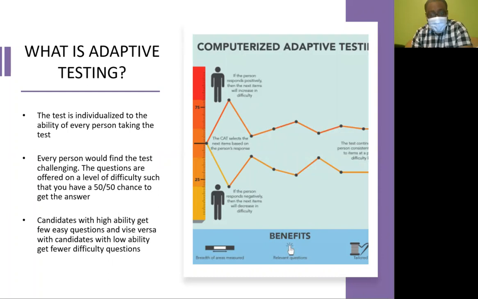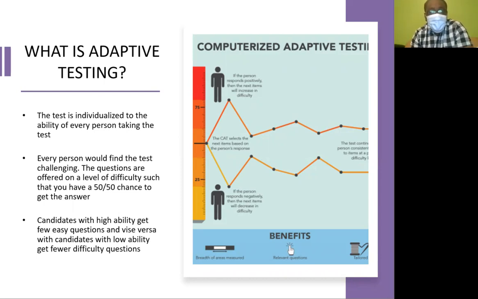So like I said, the test is individualized to the ability of every person taking the test. But the computer is calculating your ability level and would give you questions based on your ability level. So everyone is going to find the test challenging because the questions are offered on a level of difficulty such that you have a 50-50 chance to get the answer.